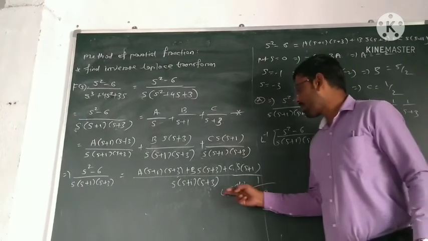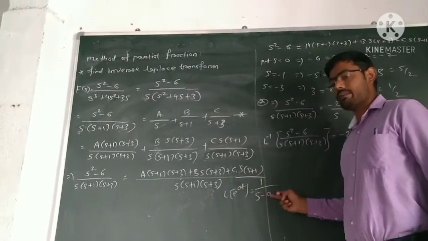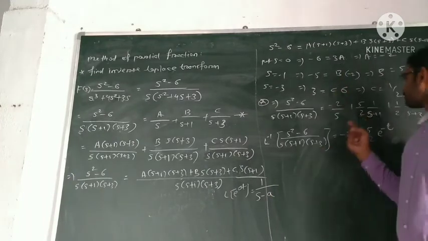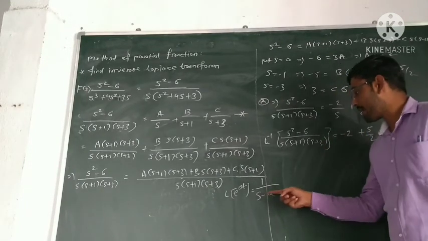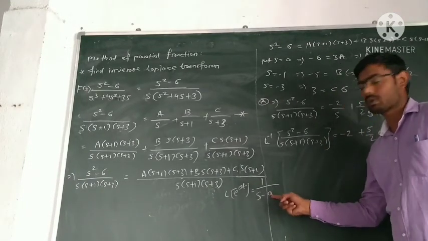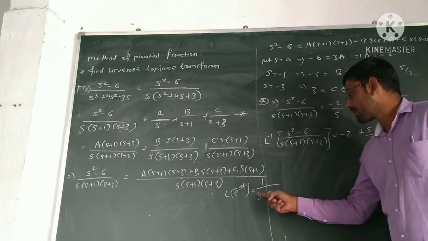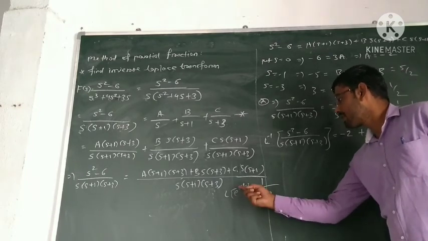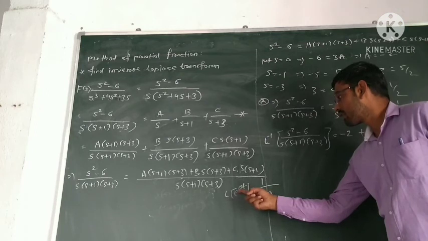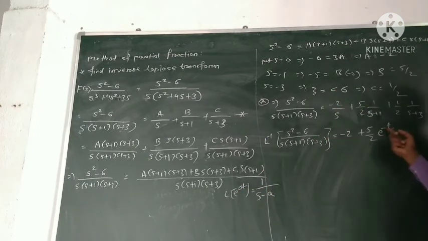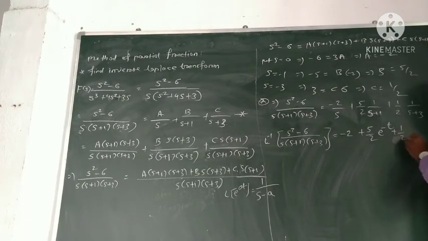Because the Laplace transform of e raised to power at is 1 upon s minus a, but here s plus 1, so a must be equal to minus 1. If a is equal to minus 1, then s minus of minus 1 is s plus 1. So this must be equal to e raised to power minus t. Plus 1 by 2, again here 1 upon s plus 3, so its inverse Laplace transform is e raised to power minus 3t.